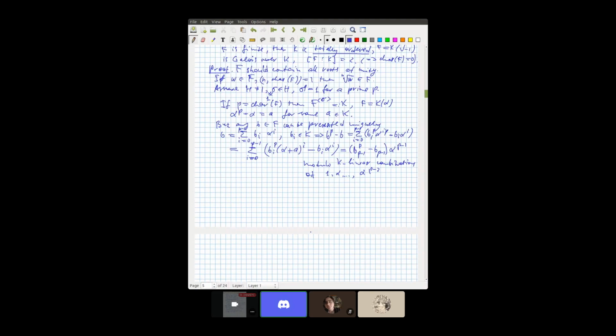We know that there are no Galois extensions of F, well, cyclic extensions of F of period p.